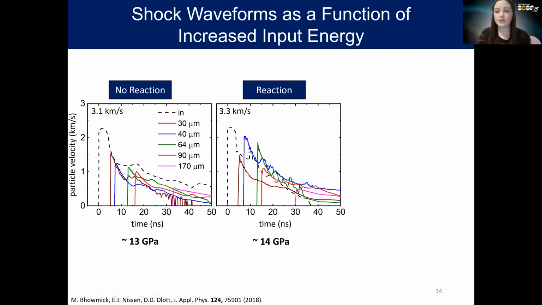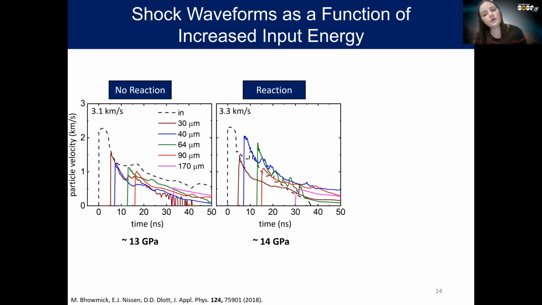And that's due to the chemical reactions that are happening with nitromethane. However, there's just not enough of these chemical reactions in order to sustain. And so the shock slowly decreases in energy until about 30 nanoseconds and 170 microns. There's really no difference between the two pink profiles of no reaction and reaction.